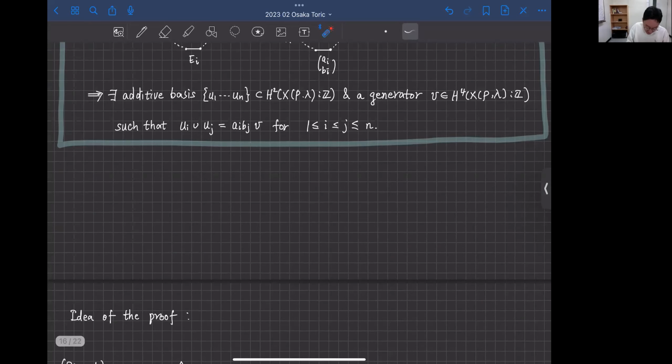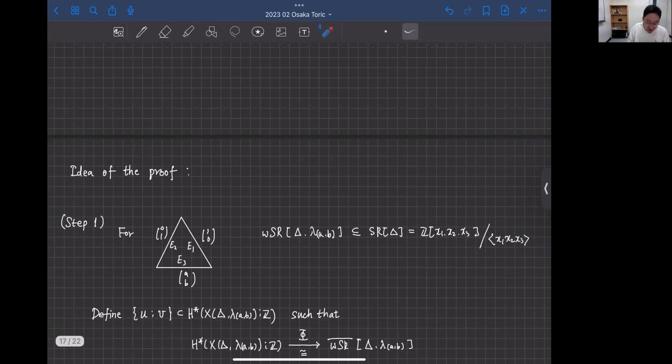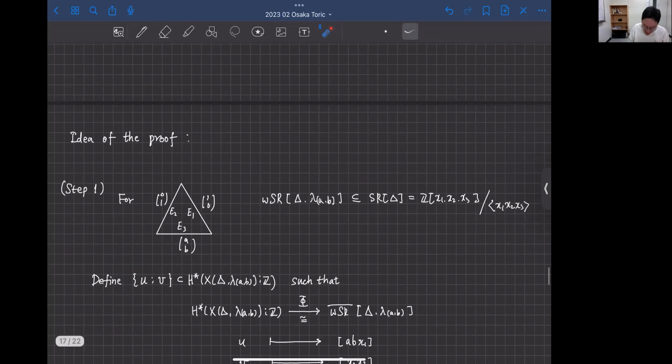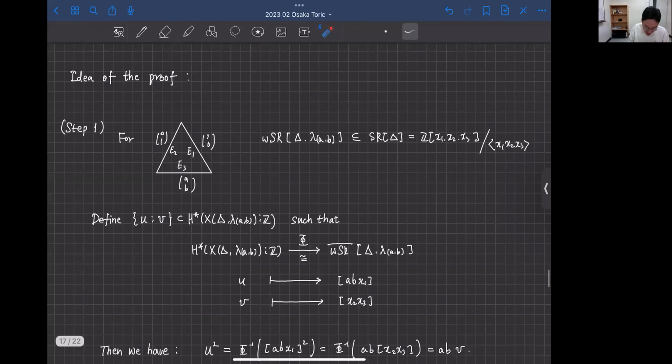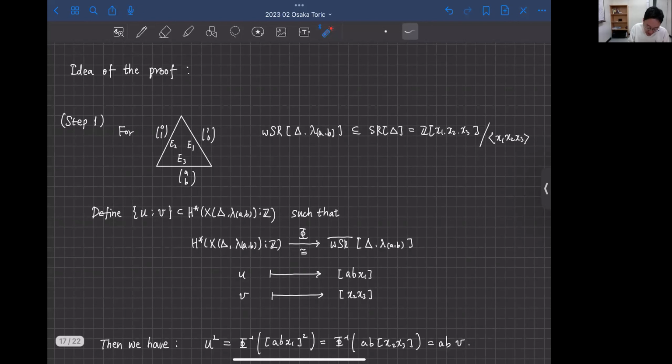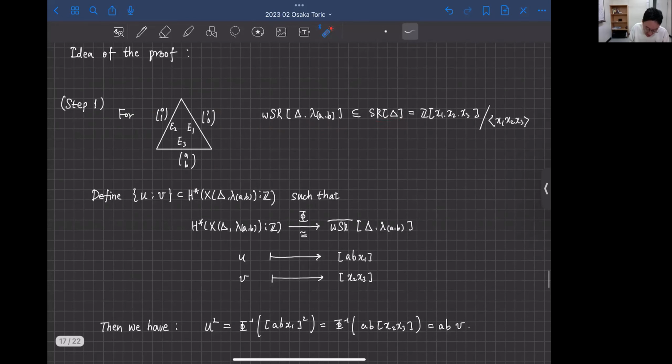So, all right, here is a brief sketch of the proof. It consists of several steps, but the first step is to look at the triangle example very, very carefully. I already explained this example several times, right? So if we have this triangle example, then we have this weighted Stanley-Reisner ring for this pair, and this is a subring of the usual Stanley-Reisner ring, and then we define a basis u and v, right?